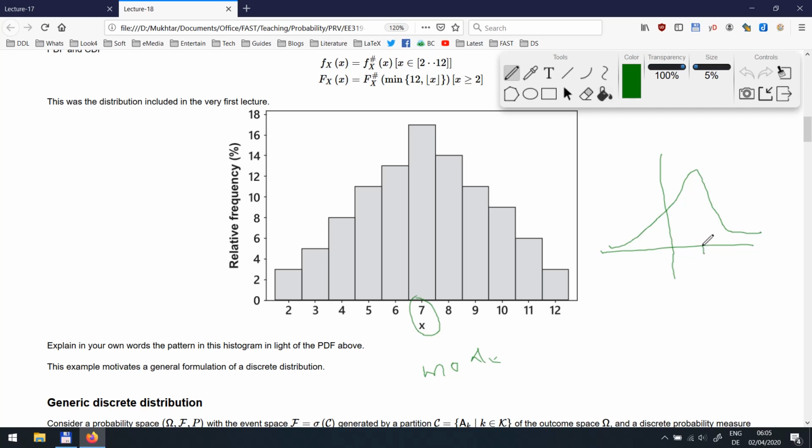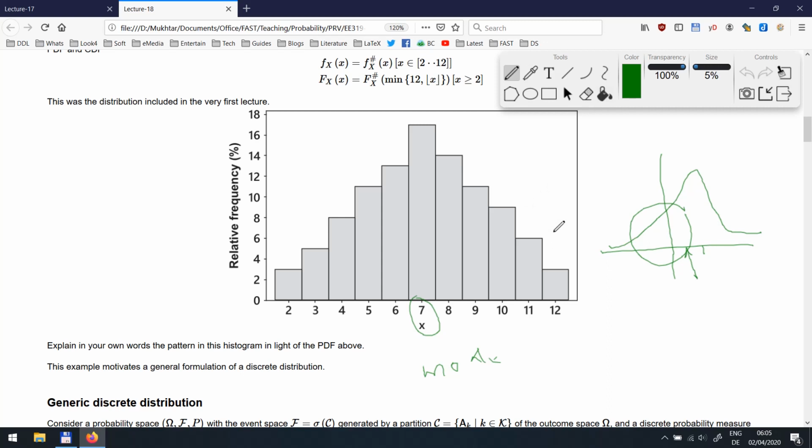Now this is the mode. It is debatable to call it a typical value because there is more area to the left than to the right. So you would expect the typical value somewhere here to have a balance. And that is what leads us to the concept of mean.